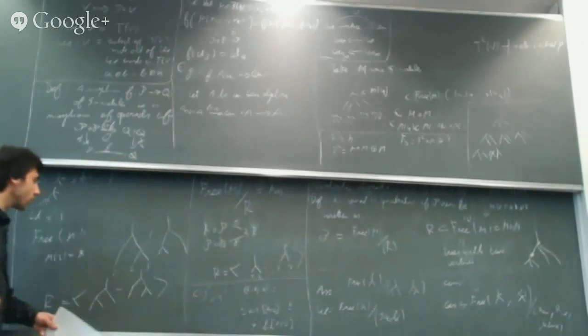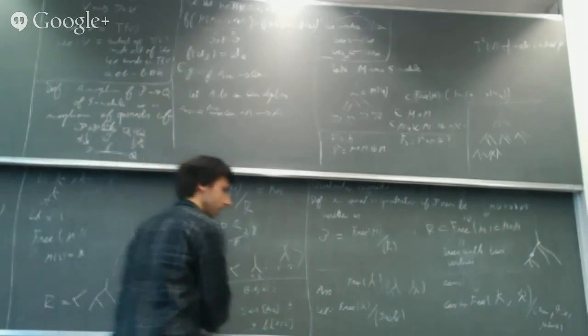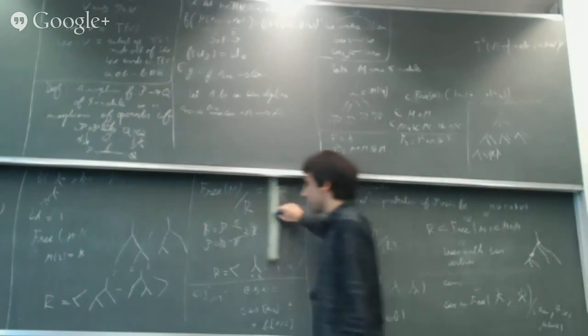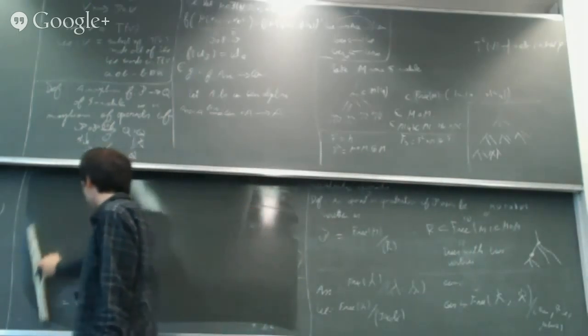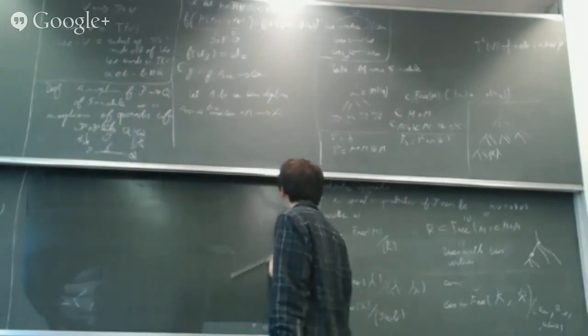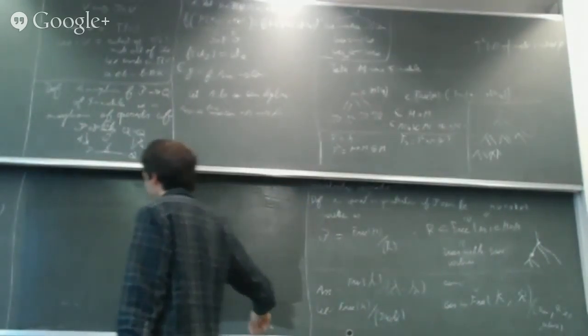Now, for graded operads, I think I'm not going to say anything very smart, but in any case, it should be said, because we're going to be talking about Lie infinity, and all of these things are graded operads.